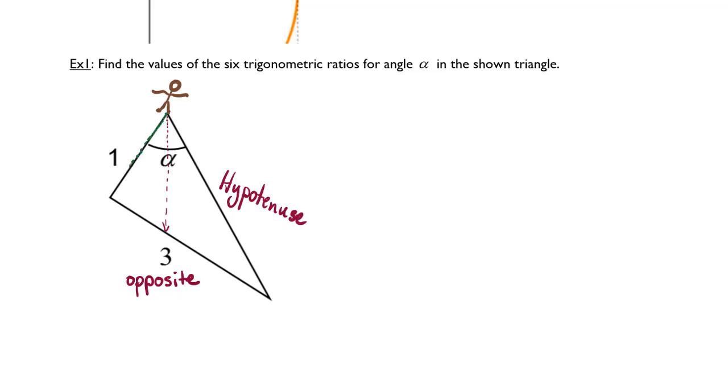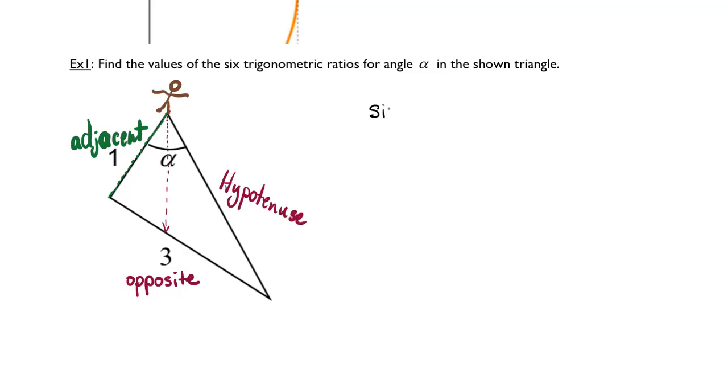And then this is the only one that's left. So this is my adjacent side. So the adjacent side is this side of length 1. And now I can set up all my 6 trigonometric ratios for angle alpha in the shown triangle.